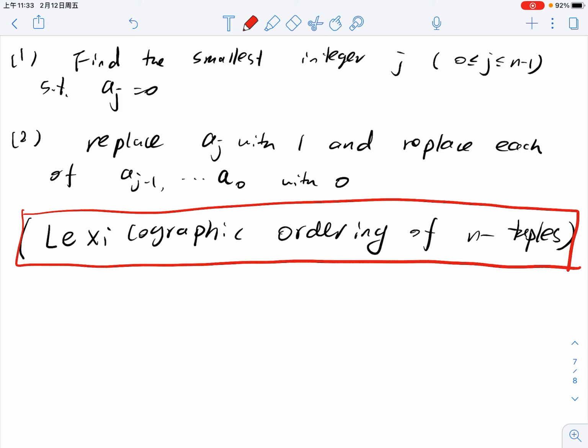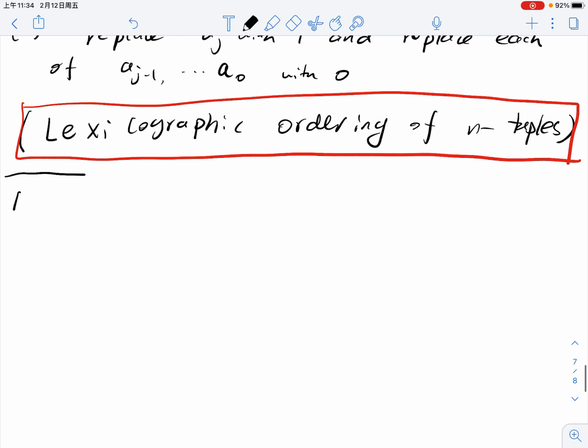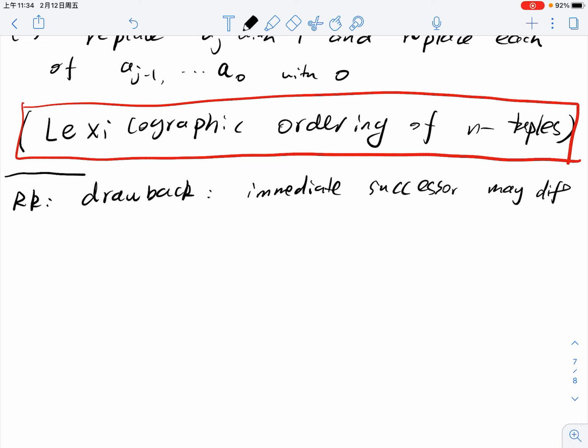The algorithm is pretty easy, but we have some drawbacks. First drawback: the immediate successor may differ a lot from the subset before it.